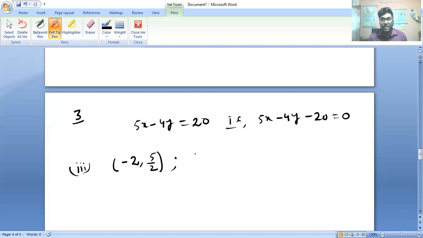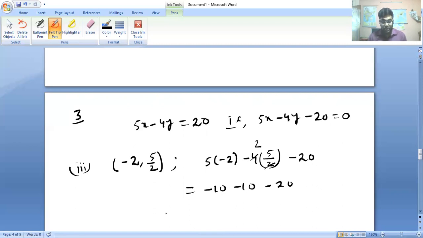We put in the place of x minus 2, and in the place of y 5 by 2, and we have minus 20. We are trying to find the value, so we have minus 10: 2 5s are minus 10, and we have minus 20.